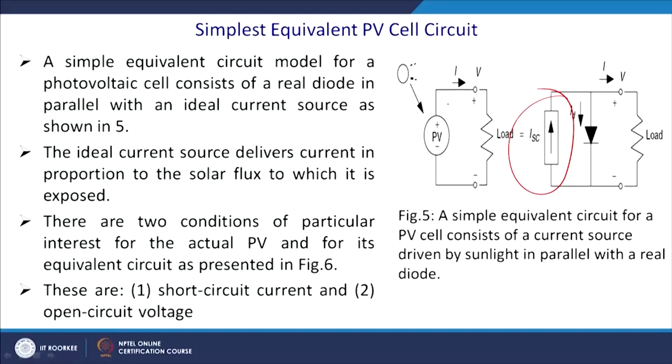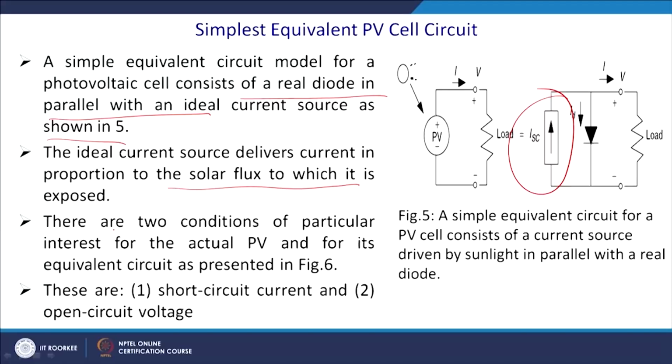So, the simplest equivalent circuit model for a photovoltaic cell consists of a real diode in parallel with an ideal current source as shown in figure 5. The current source delivers current in proportion to the solar flux to which it is exposed.